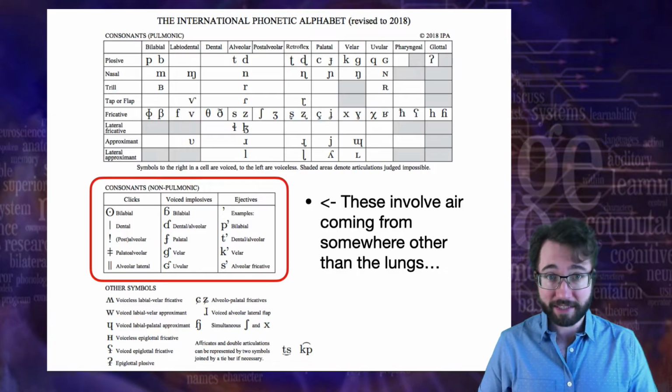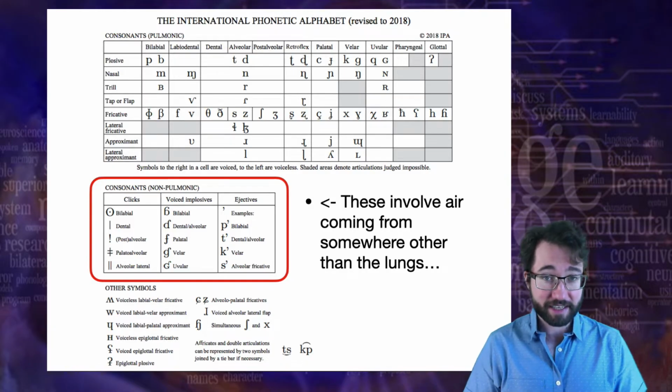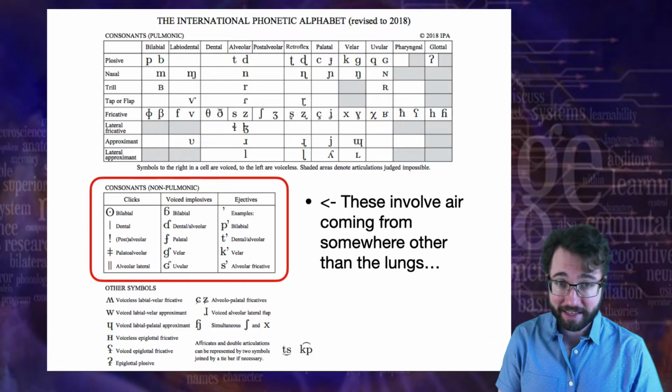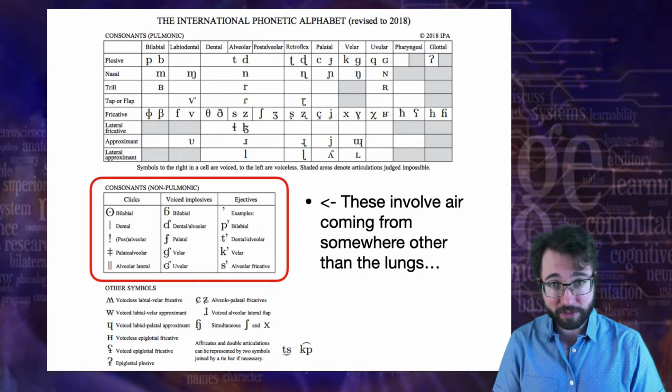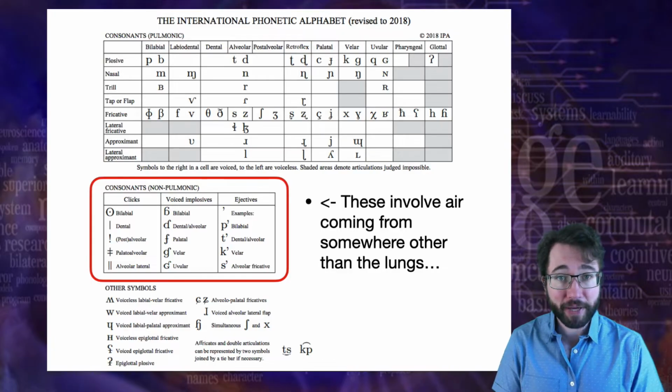And so what these sound like is ta, pa, ka, sa. That's what the ejective sounds like. Ejective sounds are quite common across languages. So you can find ejectives very prominently in the Amharic language, the main language spoken in Ethiopia, which I believe the term for Ethiopia in Amharic is Ethiopia with an ejective P.